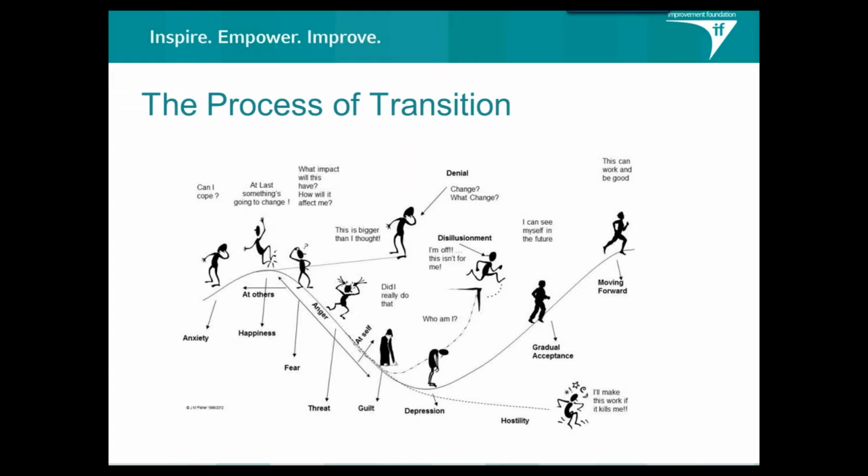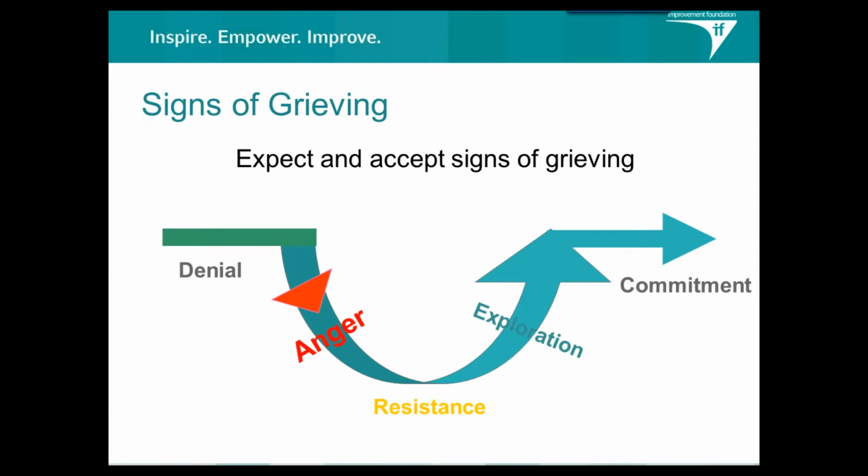As you can see at the bottom of the curve, there's threat, guilt, depression, and hostility. And if those aren't dealt with and addressed, people won't be able to move forward, and they will be in mourning, as we mentioned on the slide a little while ago. With any change activity, there will be an element of grieving.